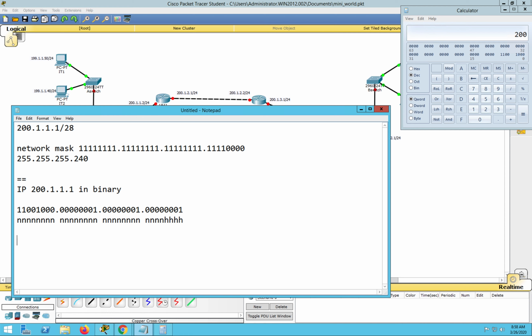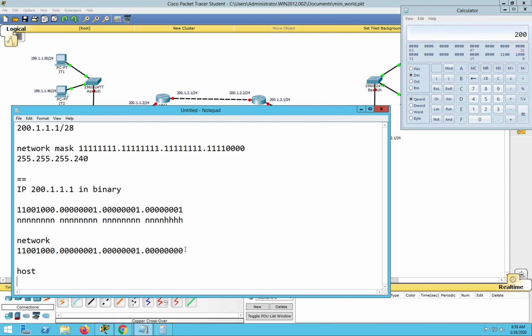So what does this mean? What is the network? Well, the network would be this number right here. Let me copy and paste this. Of course we don't know what these other things are, but the network number is a bunch of zeros. Now, what are the host values?